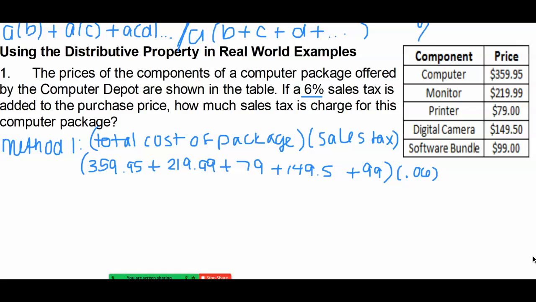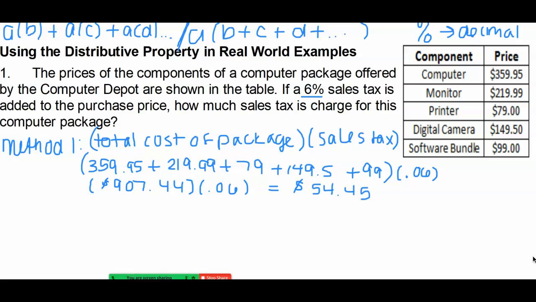A percent to a decimal, you divide by 100. Adding up all of those totals, we get 907.44 times 0.06. And we see that the total cost of the sales tax is 54.45.